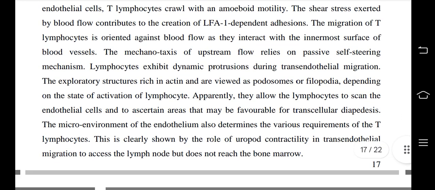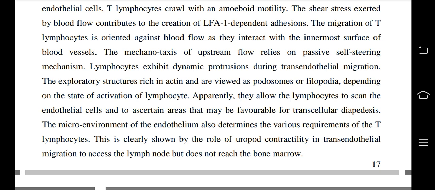The mechanotaxis of upstream flow relies on a passive self-steering mechanism. Lymphocytes exhibit dynamic protrusions during transendothelial migration. The exploratory structures are rich in actin and are viewed as podosomes or filopodia depending on the state of activation of lymphocytes.